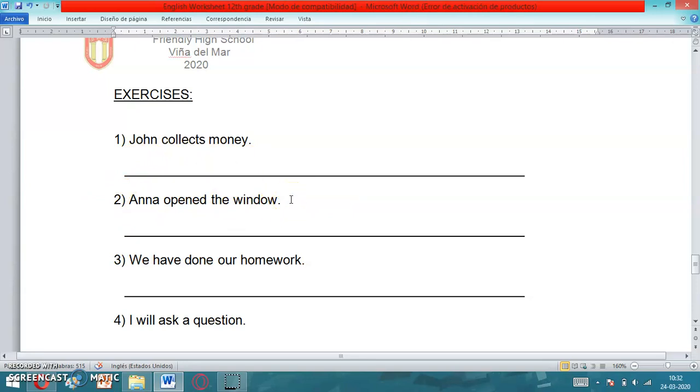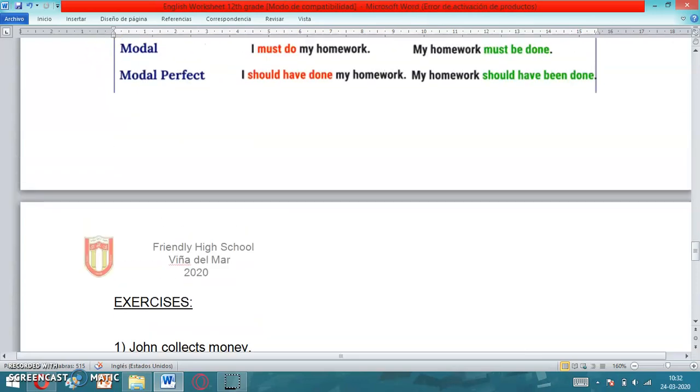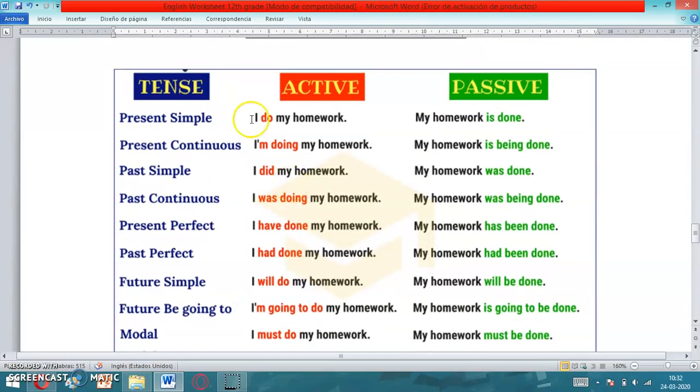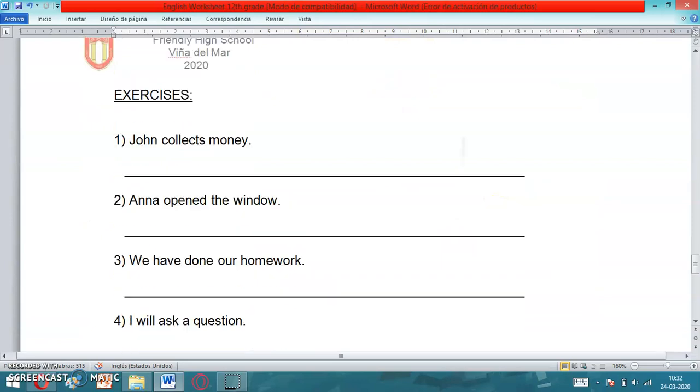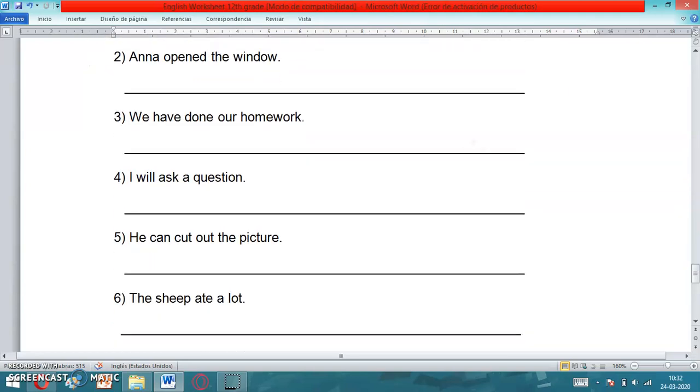Okay, past simple. Go to your chart again and find past simple. This is how you change with past simple. You have to use the verb to be in past. Anna opened the window. The window was opened by Anna. Number 3, we have done our homework.